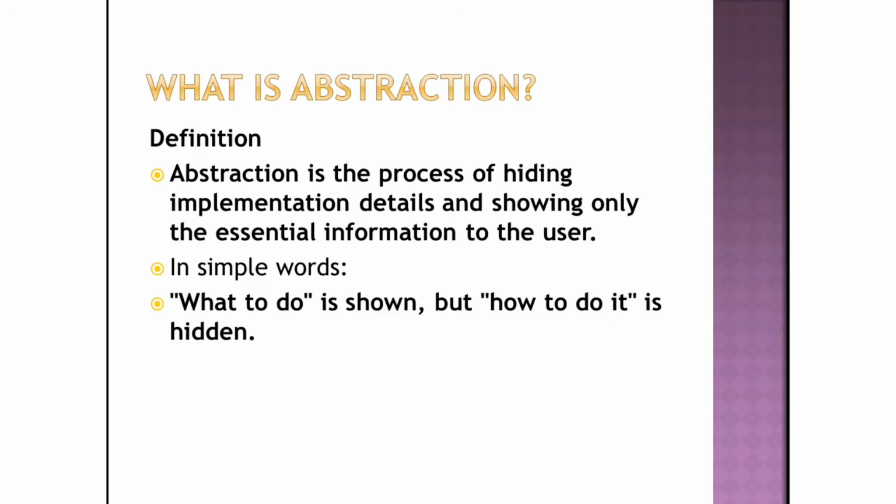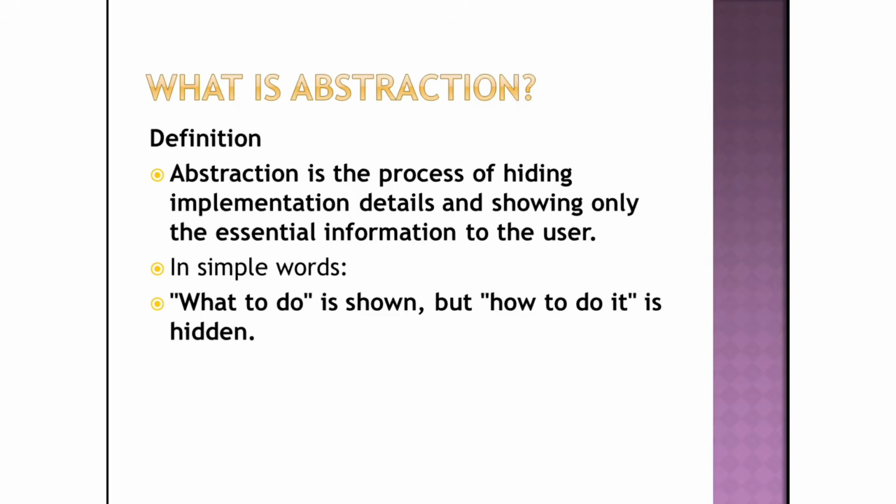When we use a system, we normally want to know what the system can do. We don't necessarily need to know all the internal steps used to perform the operation, right? For example, suppose we are using an application and there is a button called login. We simply enter our username and password and click login.